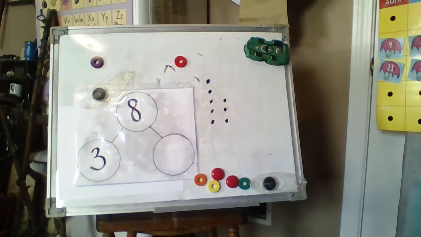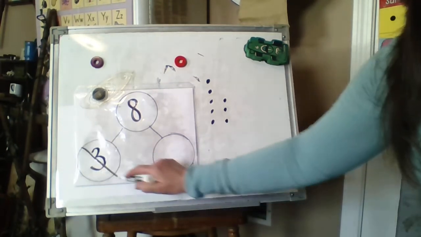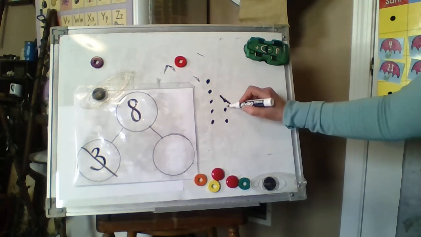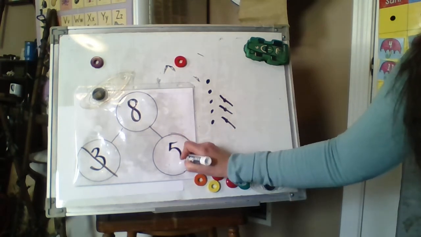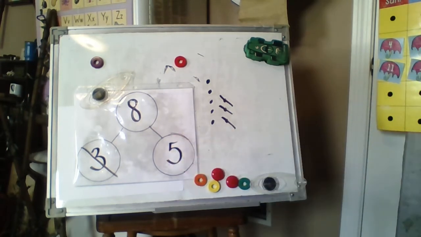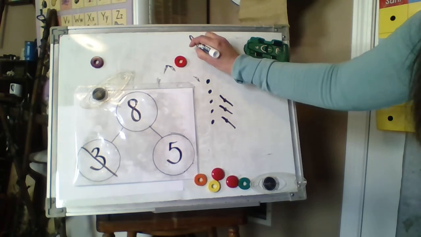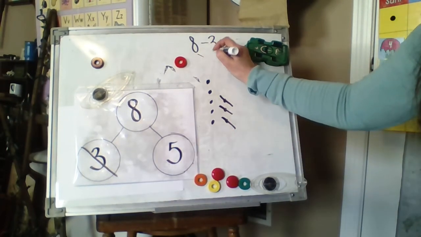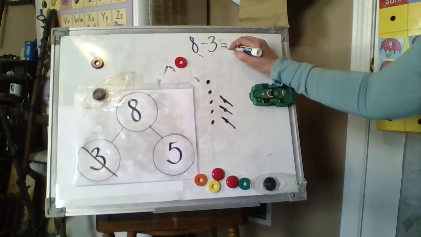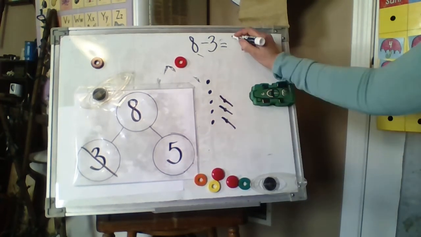What's the number that goes with 3 to make 8? Well, we're going to take away 3, aren't we? 1, 2, 3. What would it leave? That leaves you with the 5. Exactly. And if you were to write that equation, it would be 8. What did we do? Take away 3 equals, how many were left? 5.